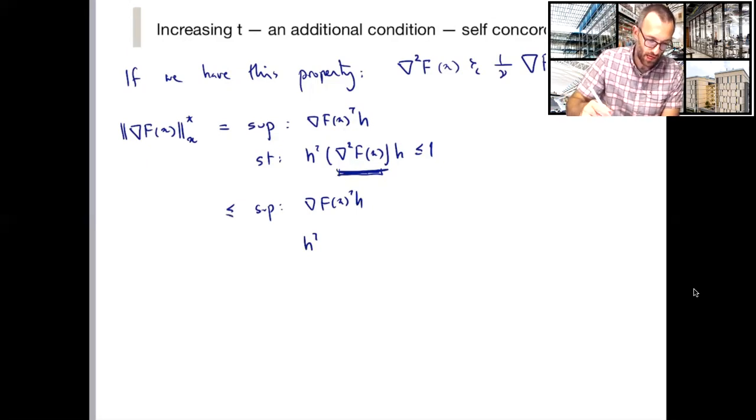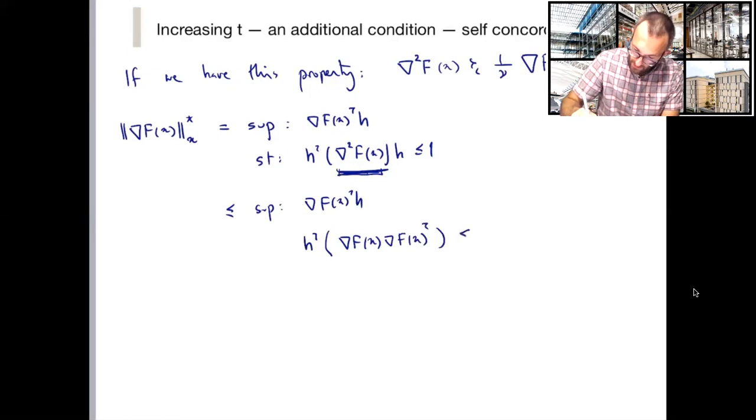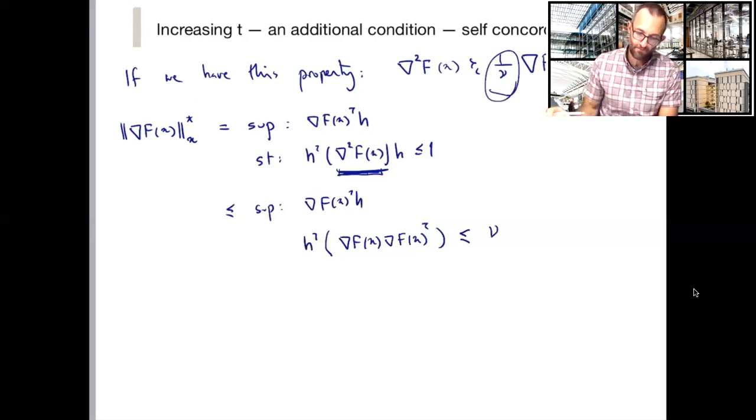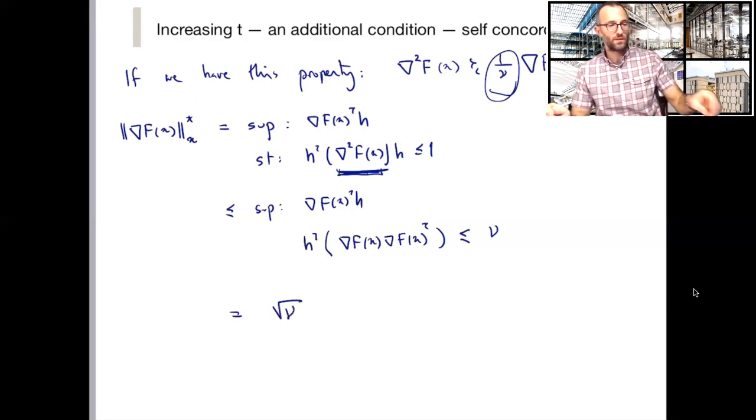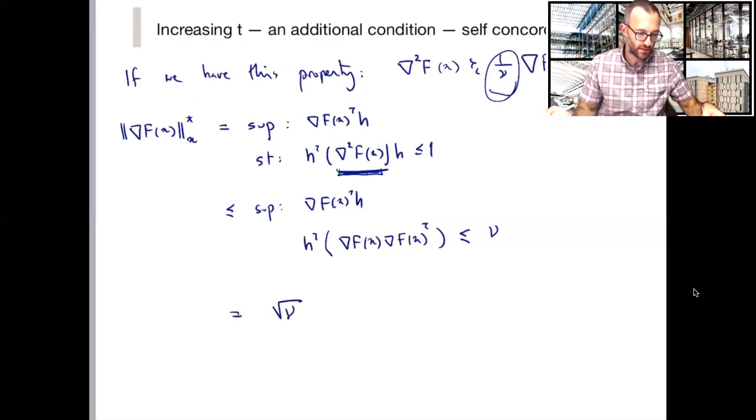So this becomes h transpose, this rank 1 matrix, gradient f of x, gradient f of x transpose, h less than or equal to not 1, but nu, because I multiplied through by nu. And so you can see the supremum is going to exactly equal square root of nu. So this is the calculation that we want.